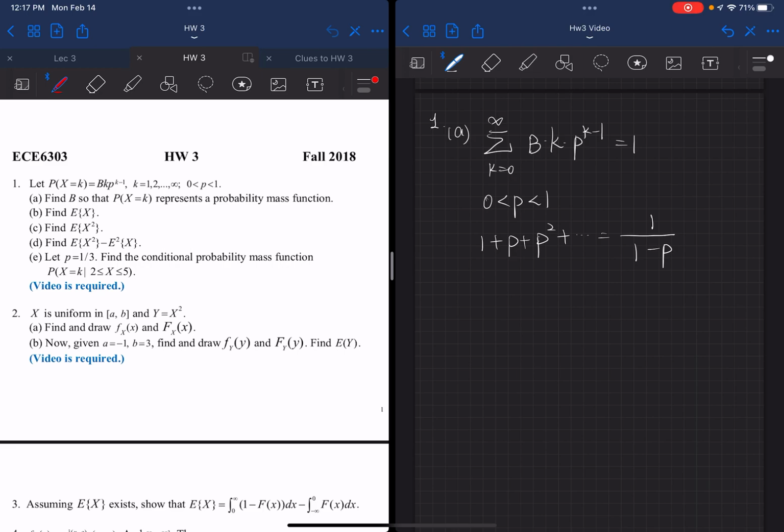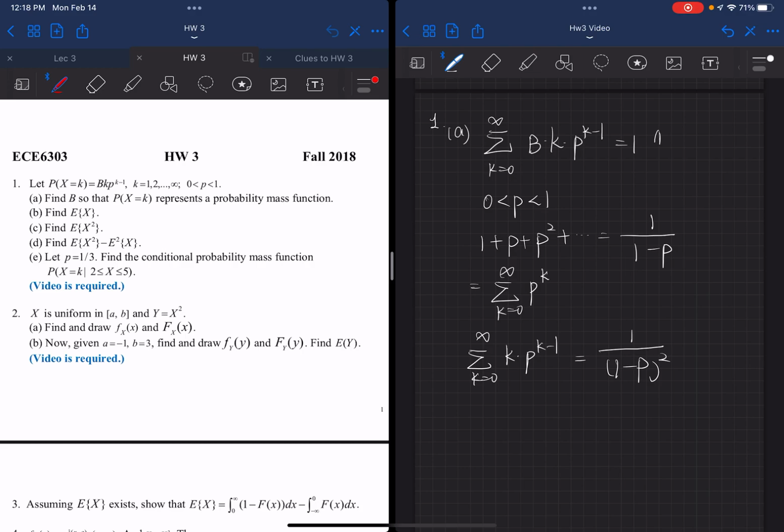And this can also be written as the summation of k equal to 0 to infinity of p to the power of k. And if we take the derivative of this equation, we have the summation equals 1 divided by 1 minus p to the power of 2.